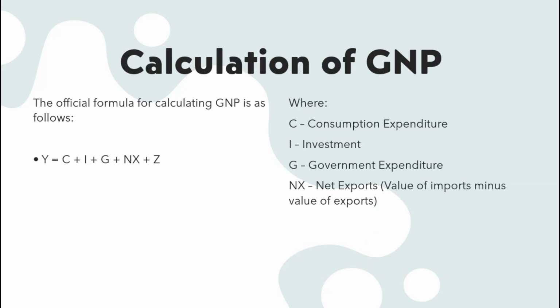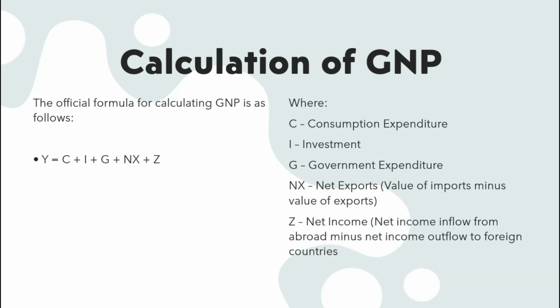This is the value of export minus the value of import. Then, Z equals net income: the net income inflow from abroad minus the net income outflow to foreign countries.